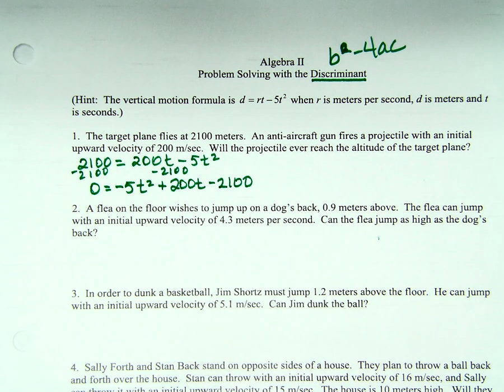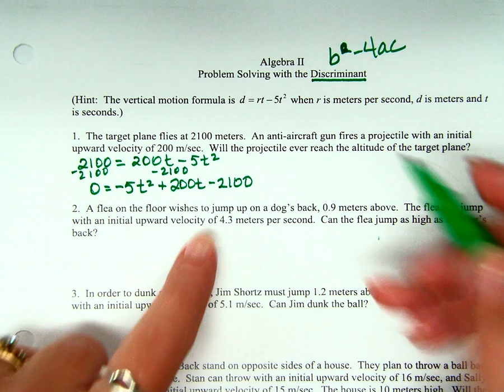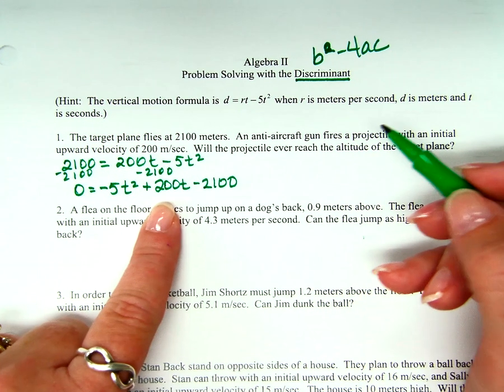Now at this point we could do a whole lot of simplifying and whatever, but all I'm after is b squared minus 4ac. Do I have to do any of that in my head? Or can I let the calculator do all of it? So I'm not worried about how big the numbers are, right?